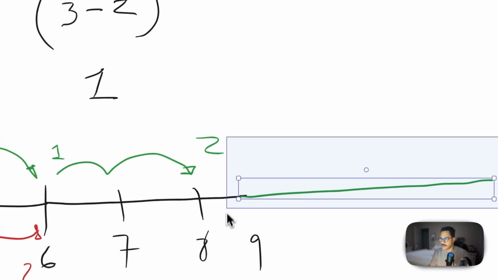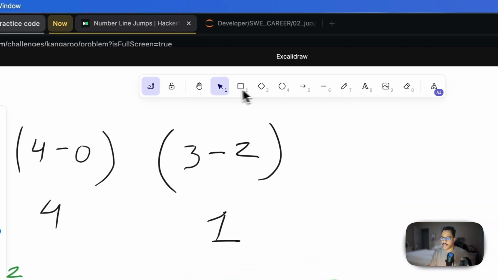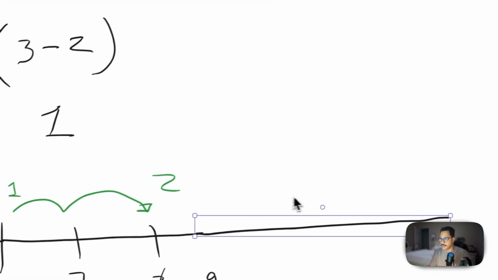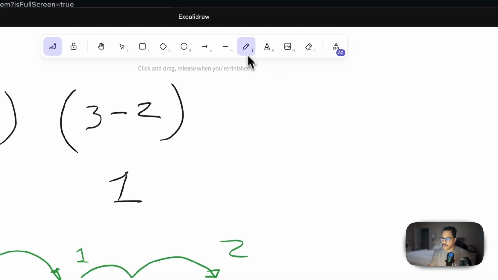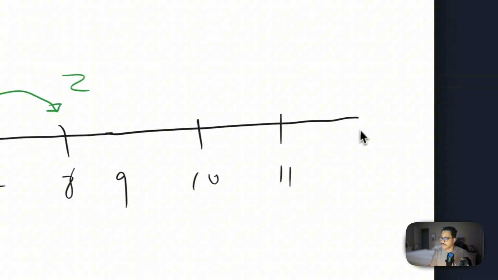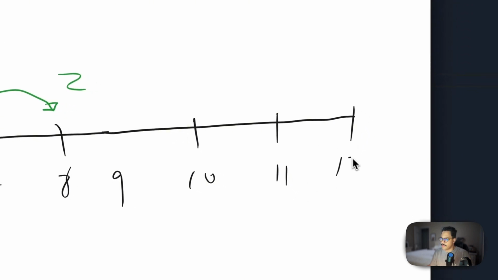I would love to do this on paper, but then I can't show it here, and it's cooler when you show it and everyone understands. And so we got 10, 11, and 12, right?